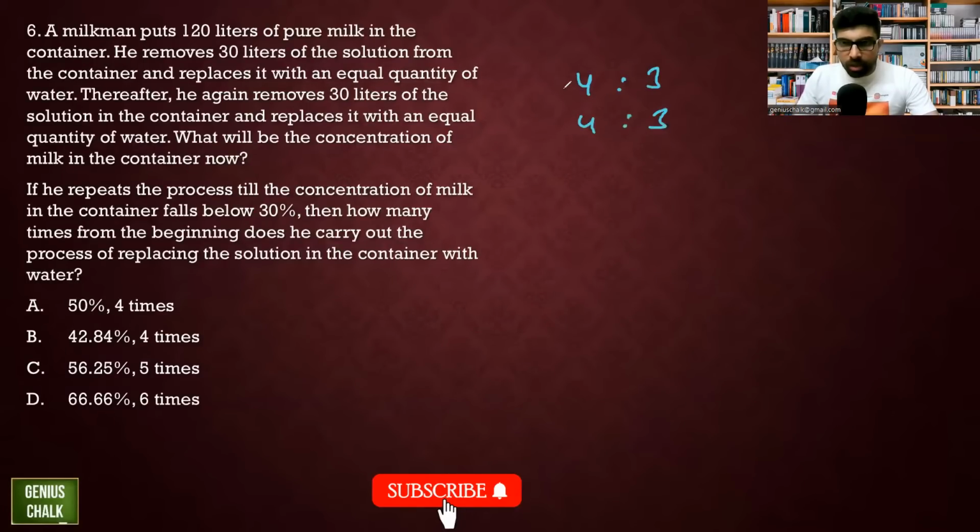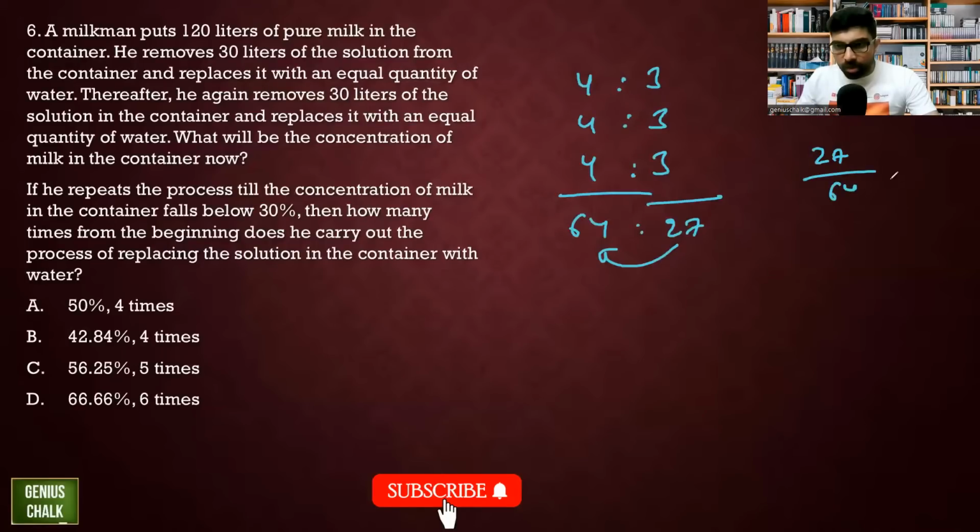We have checked, it is just 56.25. So we have to go one step ahead. So let's check 4:3 cubed. So it is 64 and it is 27. 27 by 64, is it 30%? No. 27 by 81 would be 30. So it is more than 30%. So we have to go one step ahead.